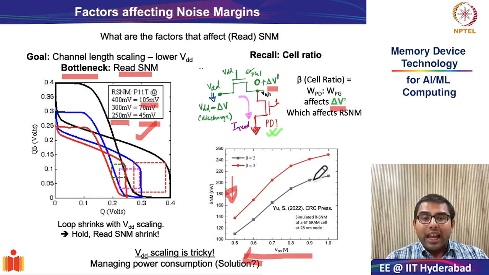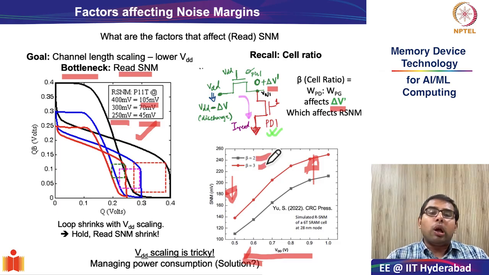However, you are able to get a significant boost in the noise margins by improving the beta factor. The beta factor was the cell ratio, from 2 to 3. So, one of the strategies of trying to maintain static noise margins while scaling the supply voltage of the transistor could be improving the cell ratio.